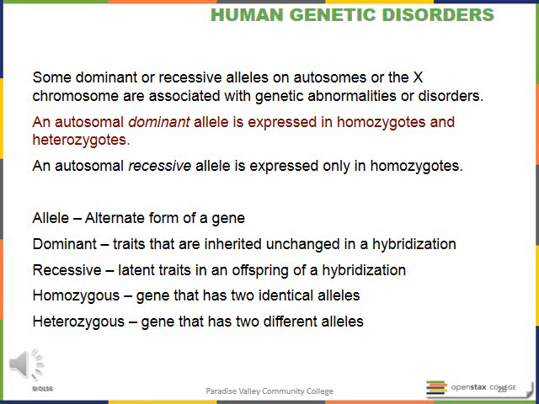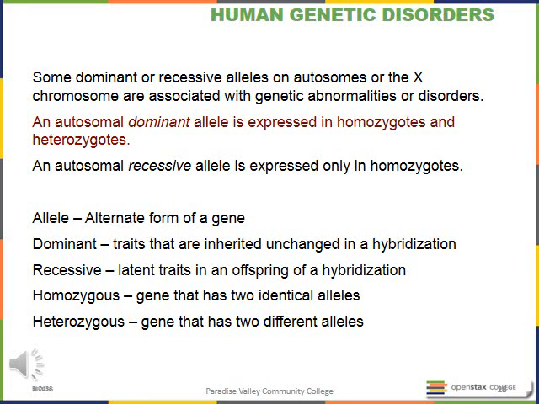In the sentence above that, the autosomal dominant allele can be expressed either in a homozygote, where both alleles are dominant, or in a heterozygote, where you have a dominant and a recessive. Then, of course, the dominant is the only one you're going to see. The recessive just hides underneath the dominant one. You'll never see it.